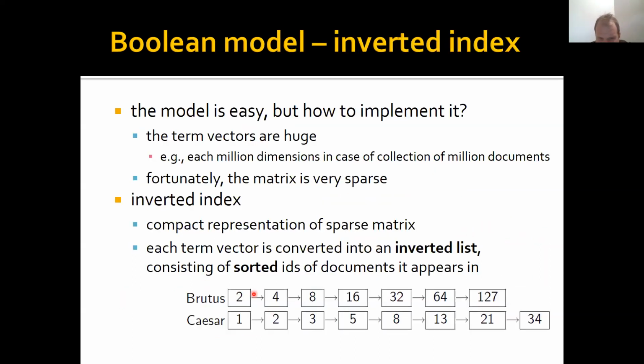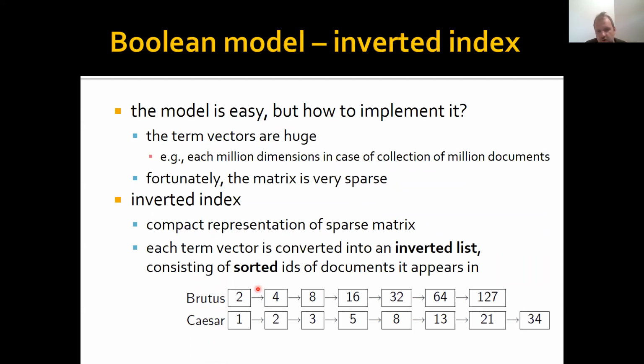This is some virtual Brutus, a different Brutus. We have this for all of the terms in the vocabulary. So it's basically a representation of the term-document matrix, but you can also view it as a vocabulary representation, because you have all of the terms stored here.